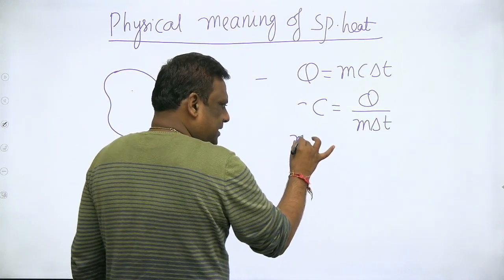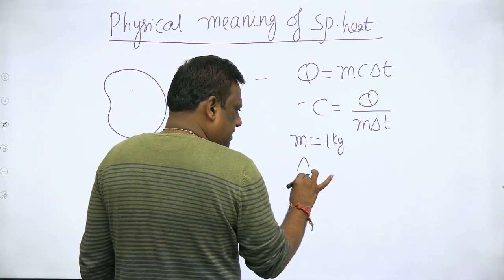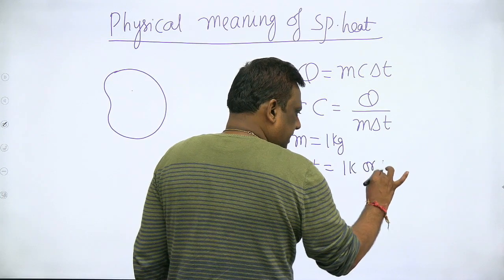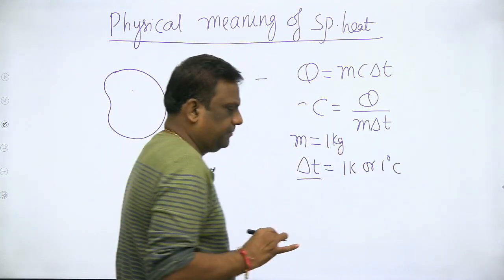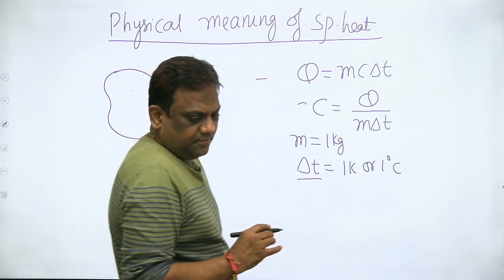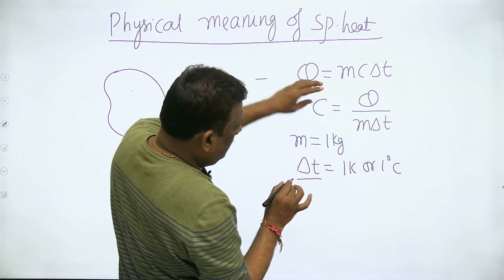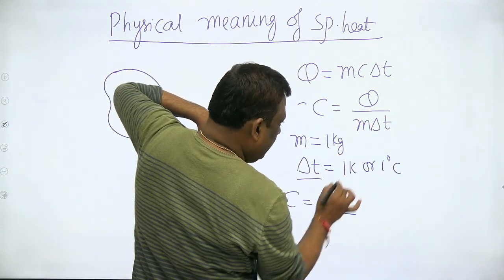Let us take the mass as 1 kg. Let the temperature difference be 1 Kelvin or 1 degree centigrade, because whenever it is temperature difference, it is absolutely same. Now let's see, please observe here. Now, C can be written as, see once, I want C. See, C is equal to Q by m.